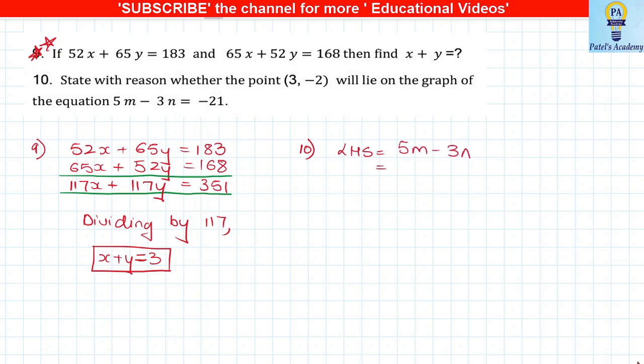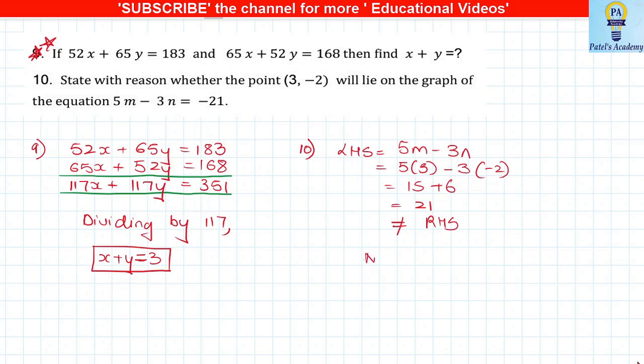I'll substitute the values and I'll see whether my answer is coming equal to RHS. So the value of m is 3 and n is -2. So what I get over here is 15 plus 6. I get answer as 21, but here it is given -21, so not equal to RHS.